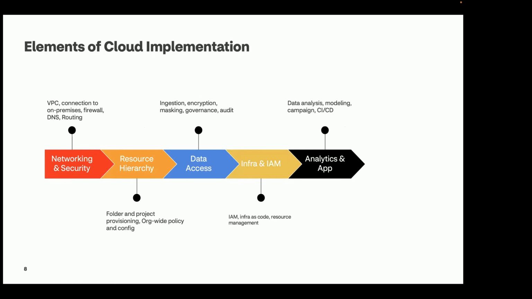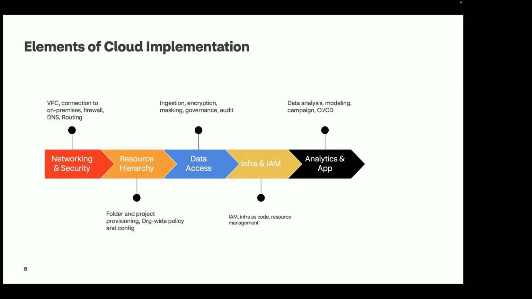So this is the main theme of this talk. When you start to implement cloud, these are the aspects you probably want to think about to begin with. Think about networking. How do you secure your network? Firewalls, routing, DNS. Think about your resources in the cloud, the hierarchy of the resources.